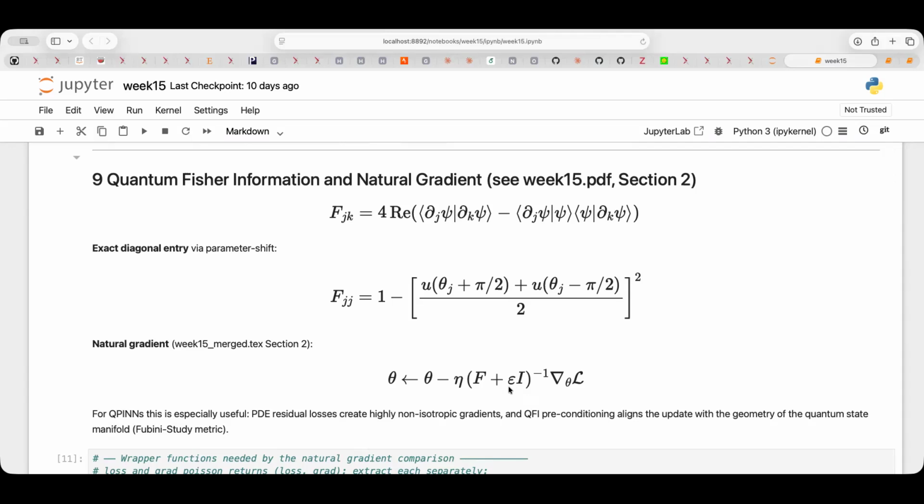You add a hyperparameter which is meant to avoid the possibility that you have a term in this quantum Fisher information which leads to a matrix that cannot be inverted. And the problem is that when you look at these residual losses, they can create highly non-isotropic gradients. This kind of preconditioning aligns the update with the geometry of the quantum state.